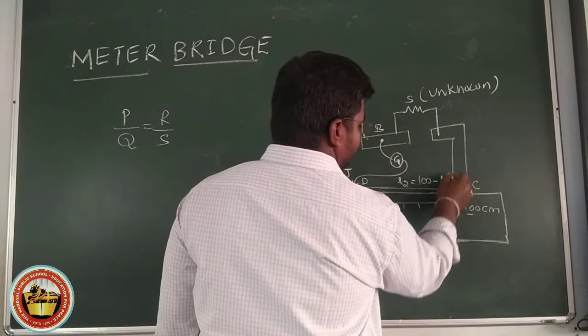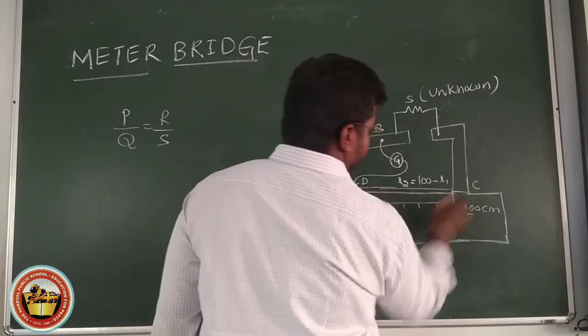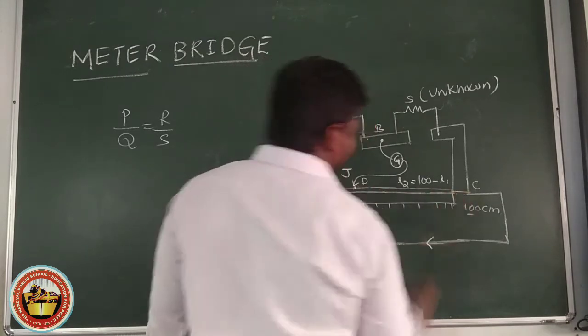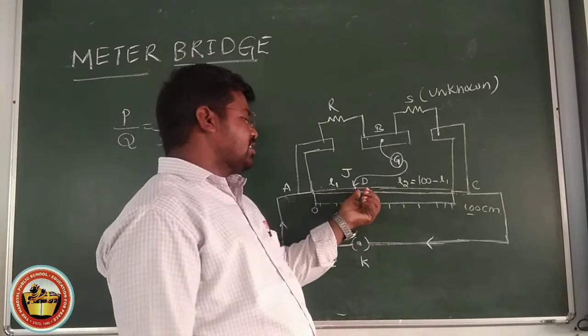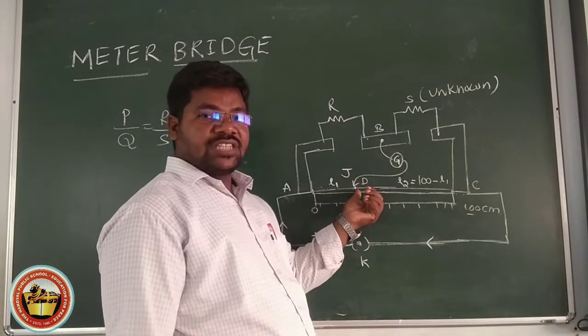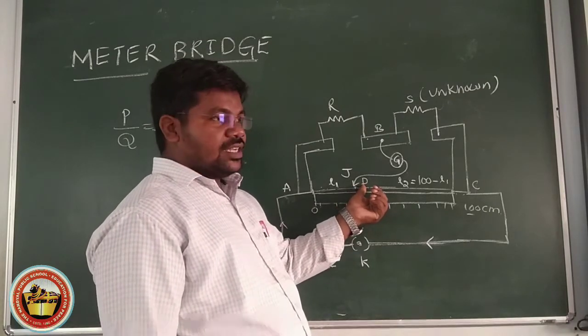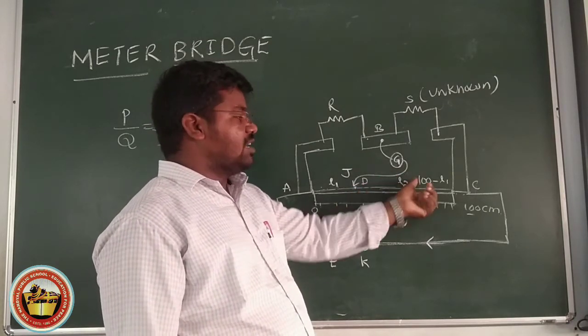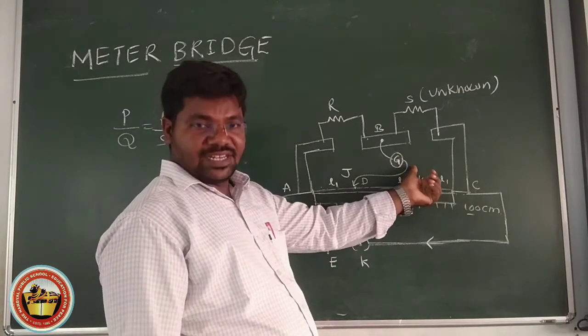Here L2 means the length from D to C. At the point D the galvanometer shows null deflection, meaning the current through it is 0.